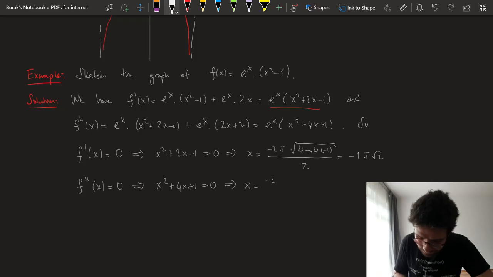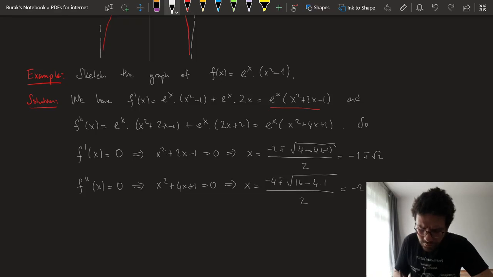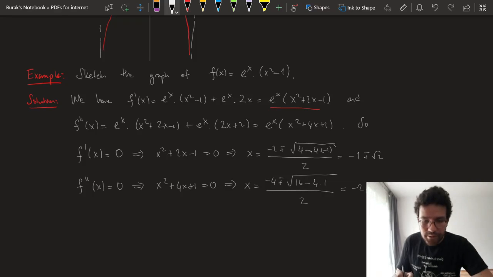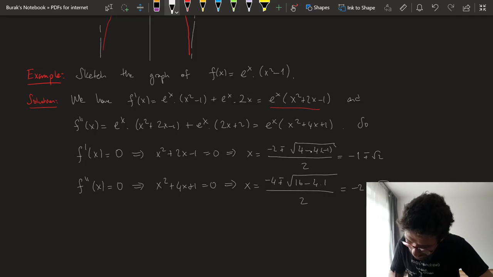Minus b plus minus square root of b squared minus 4ac divided by 2a. So it's going to be minus 2 plus minus, it's going to be 12 here. So root 12 is 2 root 3. I'm dividing by 2, so I have root 3 here.